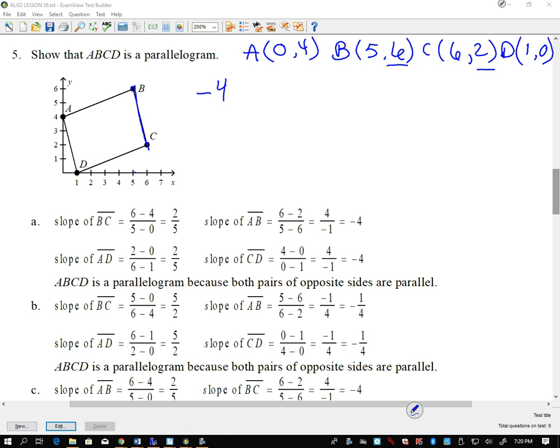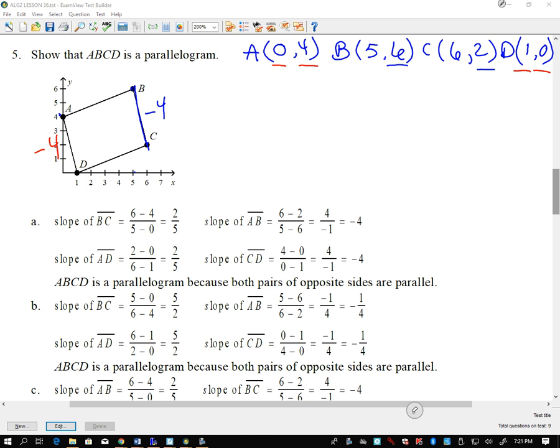And the run is over 1. So from B to C has a slope of negative 4. Okay. Let's look at what else we have. Look at A to D. Let's look at the y values. 4 all the way down to 0. All right. So that is down 4, and from 0 over to 1. So that has a slope of negative 4. So AD is parallel to BC.